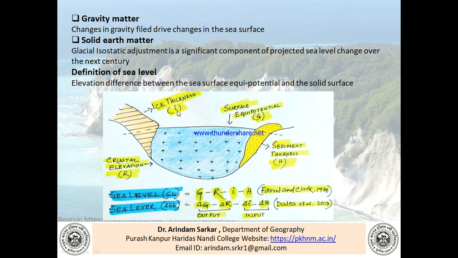That is the ice thickness, denoted as I, the surface equipotential, denoted as G, the sediment thickness, denoted as H, and the crustal elevation, denoted as R. Now, the Farrell and Clark model, given in 1976. G, the surface potential, minus R, the crustal elevation, minus I, the ice thickness, and sediment thickness, is the sea level.